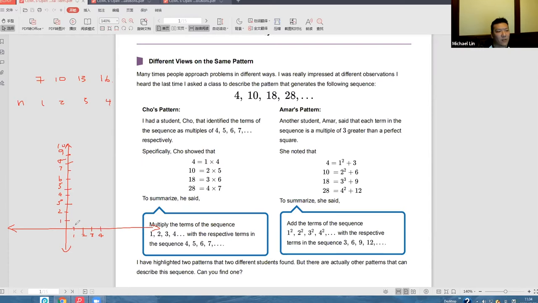Okay, so this is close enough. We have 1 and 7 as one of the points, and then the other point is going to be at 2, 10, and then 3 and 13 and so on and so forth. When we connect these points, it makes a straight line. So this basically tells you what this pattern would look like in graphical form.